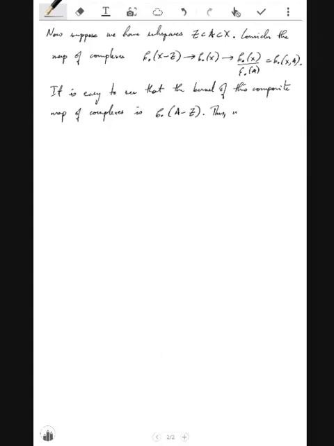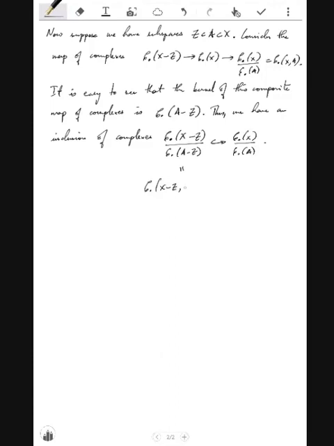Thus, we have an inclusion of complexes, so this is by our notation.